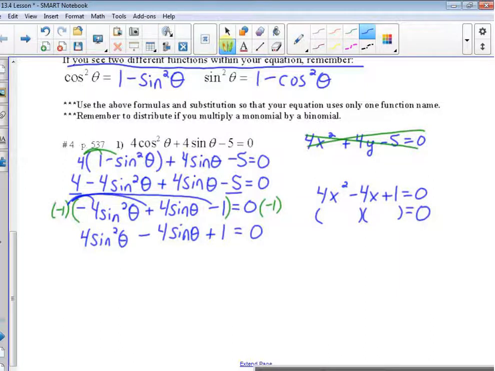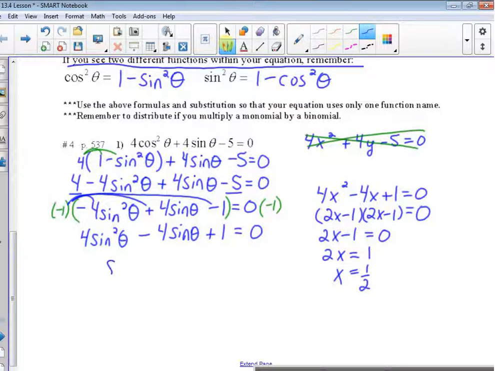So let's try 2x minus 1 and 2x minus 1. We need the outers and the inners, negative 2x and negative 2x to add to negative 4x, and the last terms have to multiply to positive 1. Negative 1 times negative 1 is positive 1. So here we get 2x minus 1 basically is equal to 0 because we have two of them. And then that would leave us with 2x equals 1 and x equals 1/2.